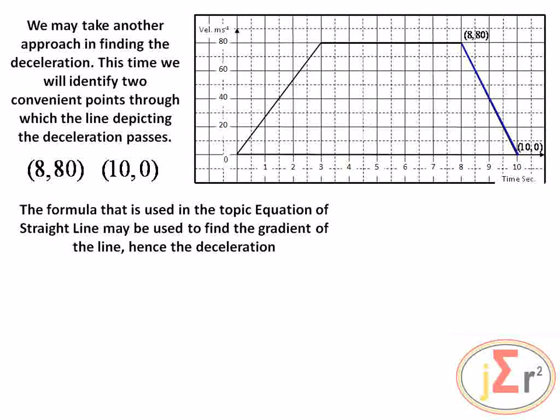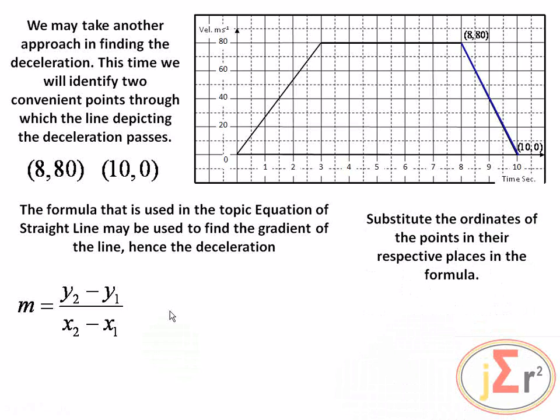The formula that is used in the topic equation of a straight line may be used to find the gradient of the line and hence the deceleration. So that is your formula. Of course, we are going to use 80 minus 0 over 8 minus 10.